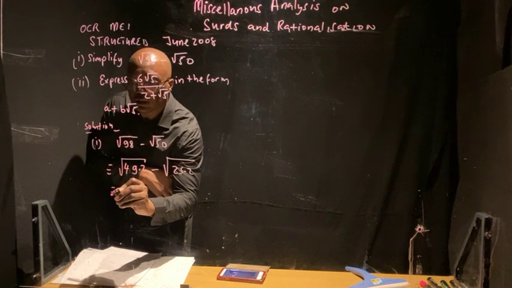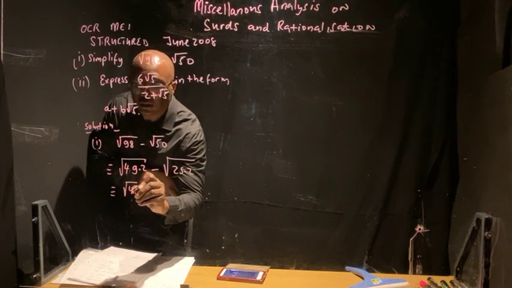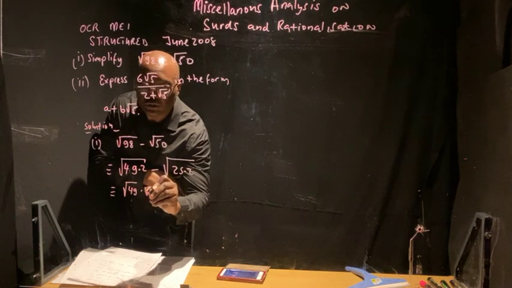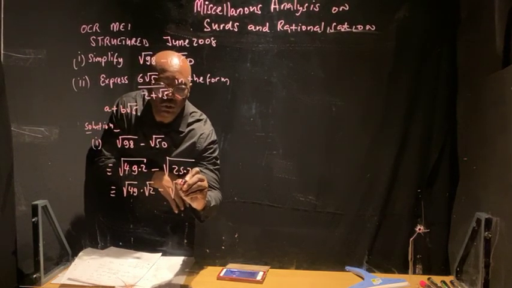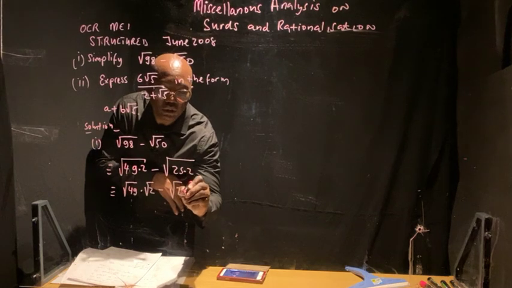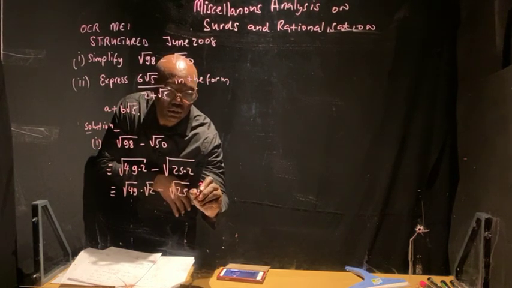This one is no different from root 49 multiplied by root 2, and this one is also no different from root 25 multiplied by root 2.